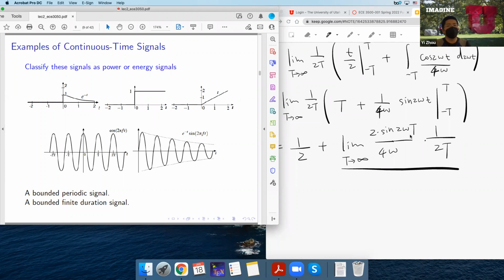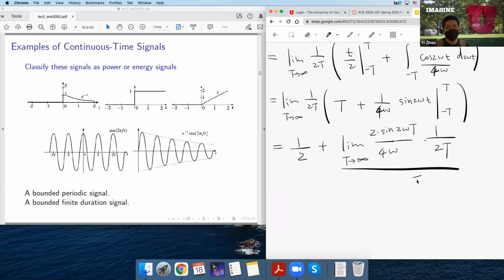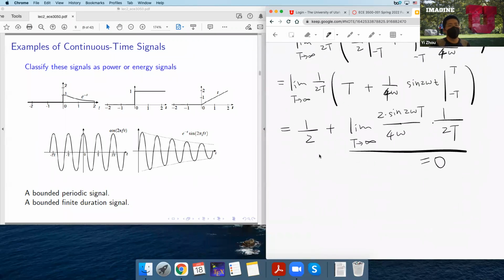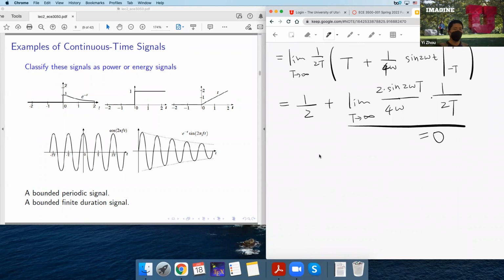So the numerator is always a finite number, and the denominator goes to infinity. So this limit is 0. So in the end, you get that the power of this sine signal is 1/2.